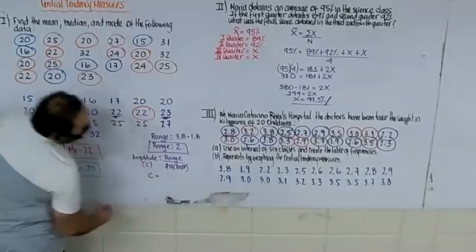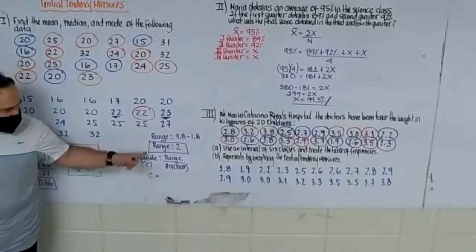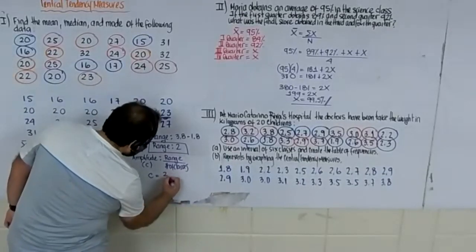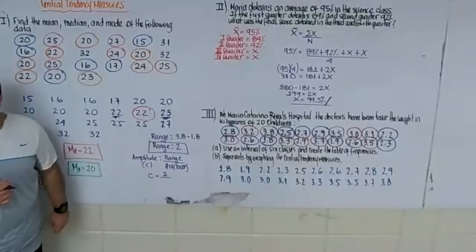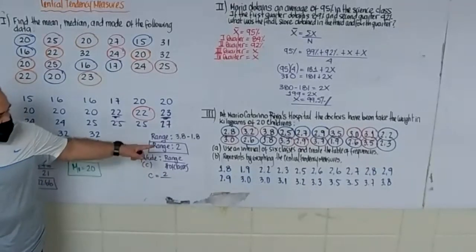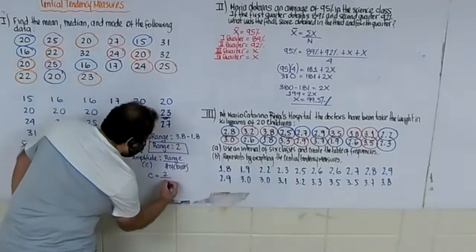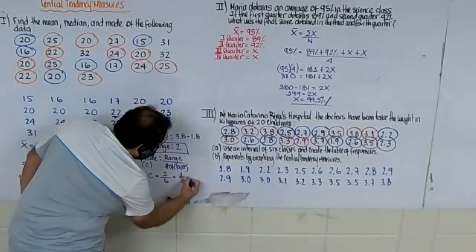So the C value will be, what will be the range? The range is 2 units. And the number of classes, how many classes? Use an interval of 6 classes. That will be 2/6, that will be 1/3.